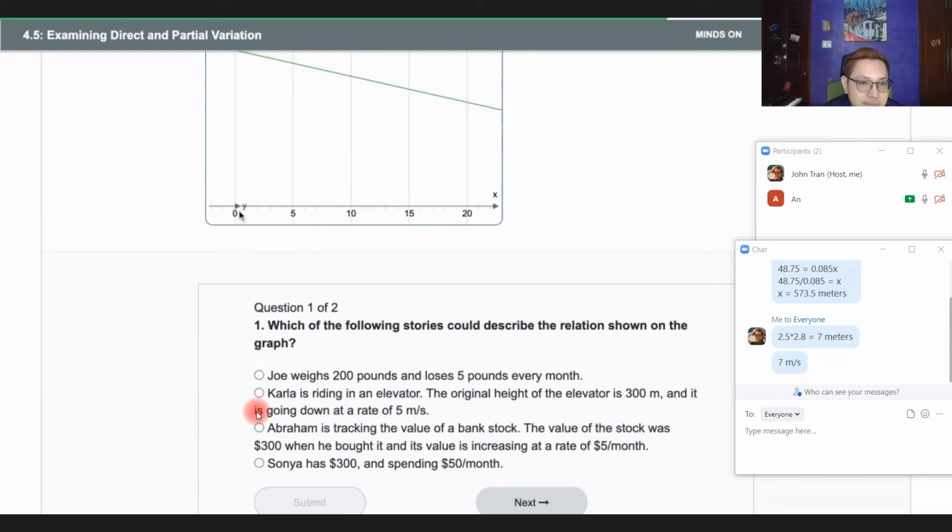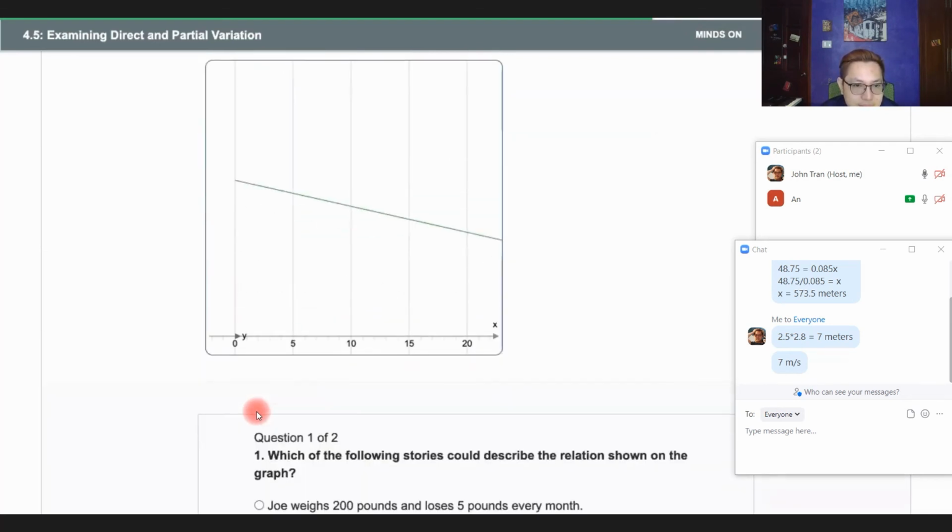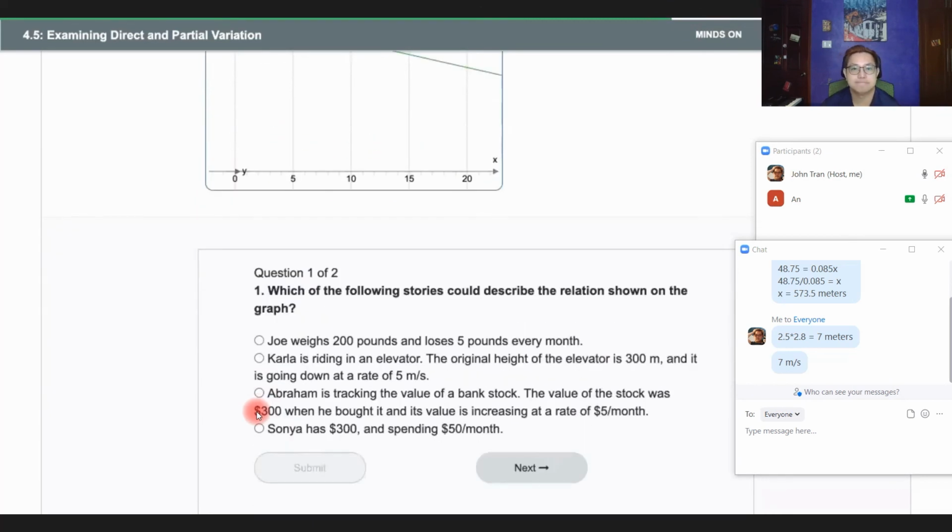Can you scroll up a little bit? Okay, there's nothing else. Seems to be nothing else. If it goes down at a rate of 5 meters per second, no, I don't think so.